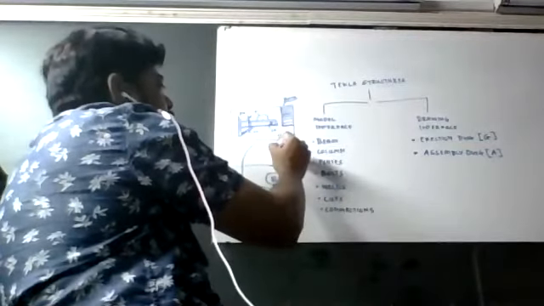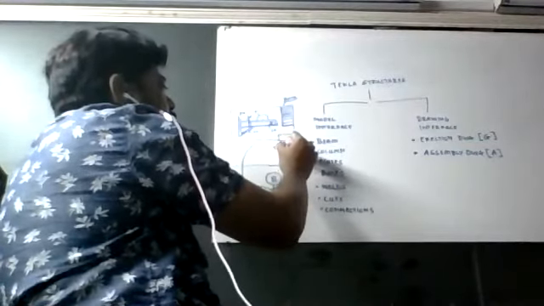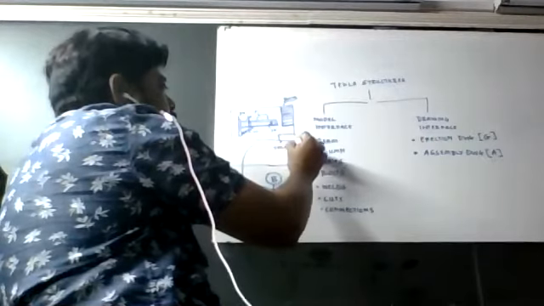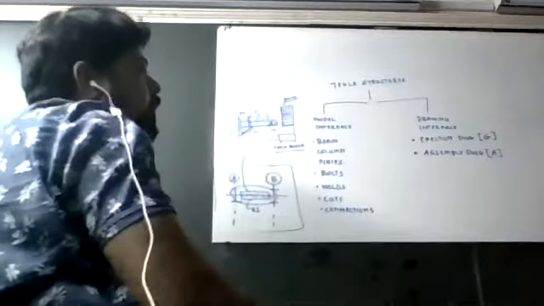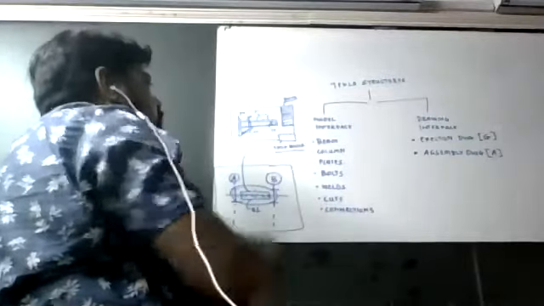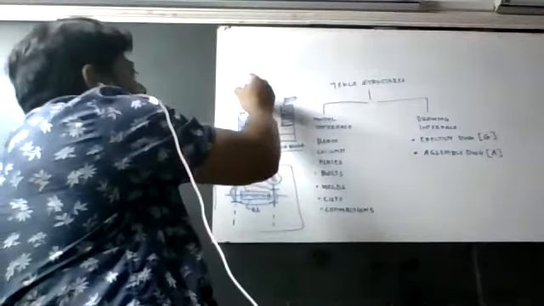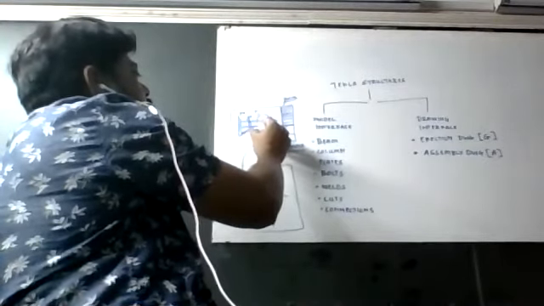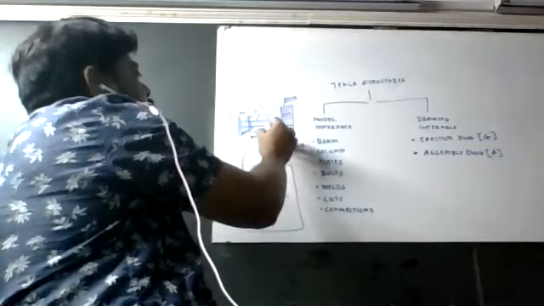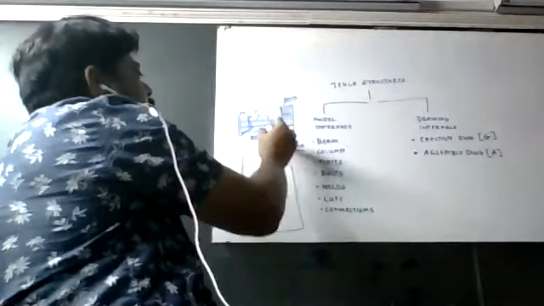This is a title block, and this is called the assembly drawing. Typical assembly drawing, this will be B1.